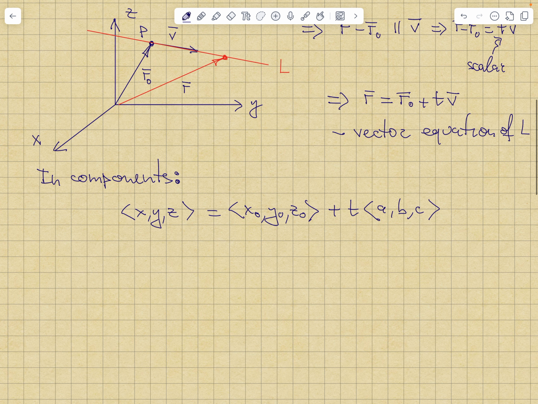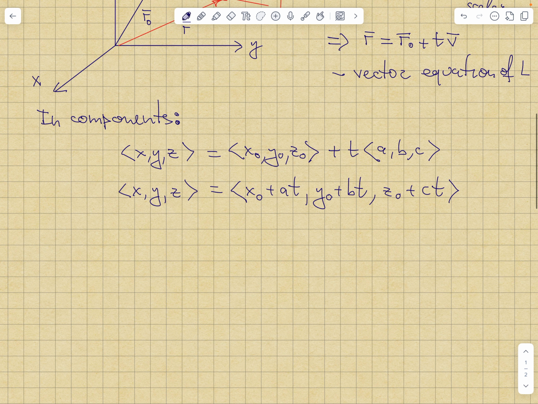So x, y, z is going to be x0 plus at, y0 plus bt, z0 plus ct. So the corresponding components must be the same.